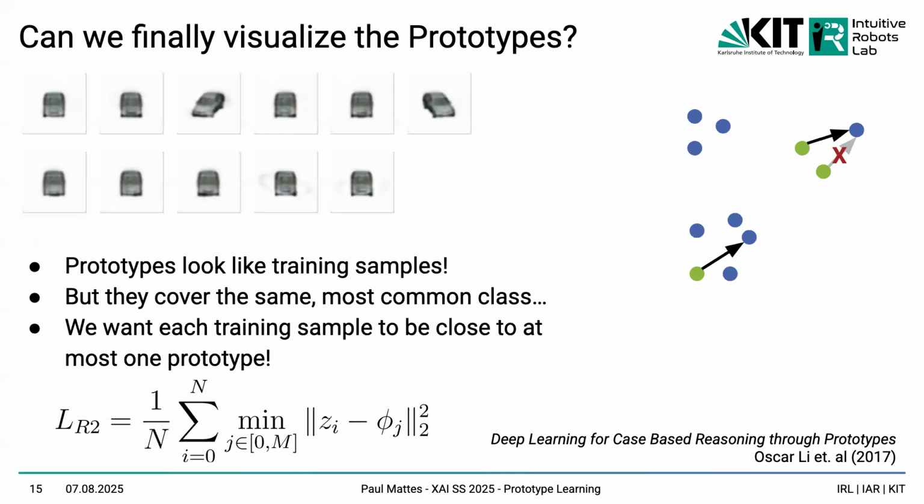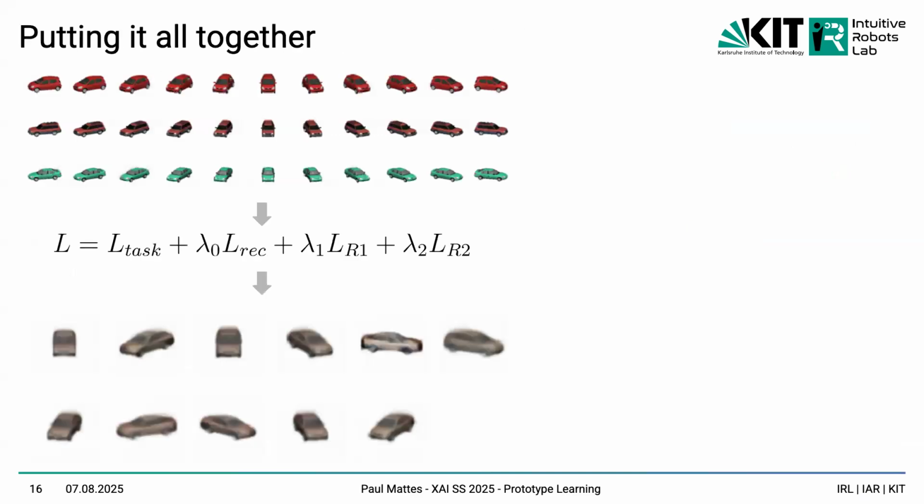And this we can do again through minimizing the R2 loss. And now we have a rather big loss function with the task loss, reconstruction loss, R1 loss, and R2 loss. And we actually get prototypes that look like the different classes we trained on.